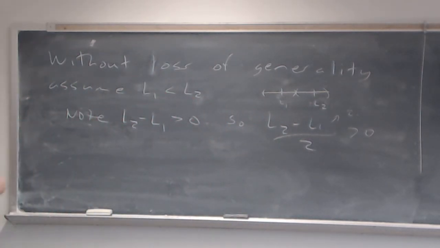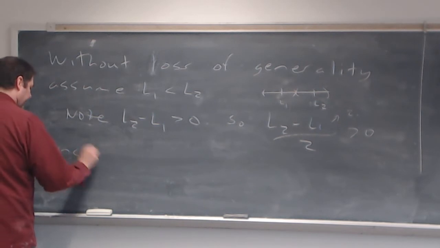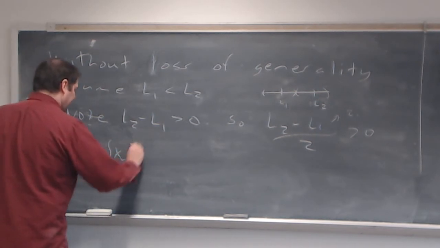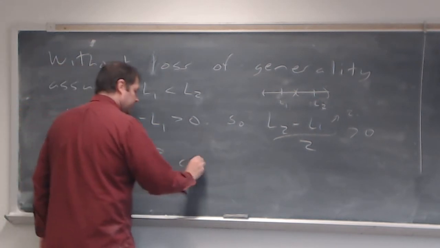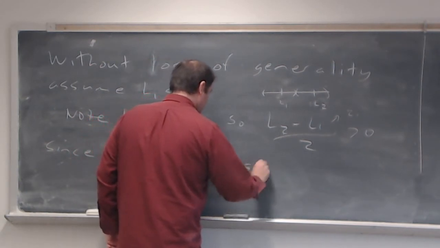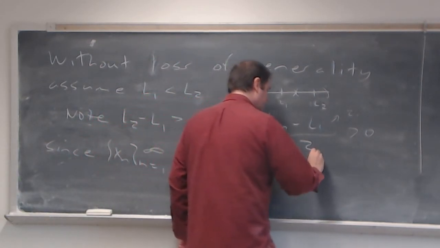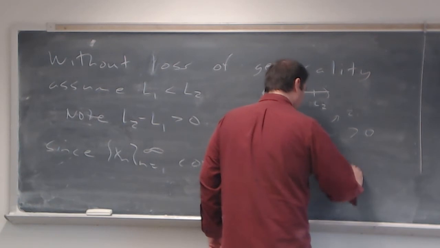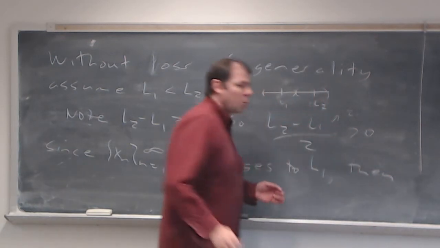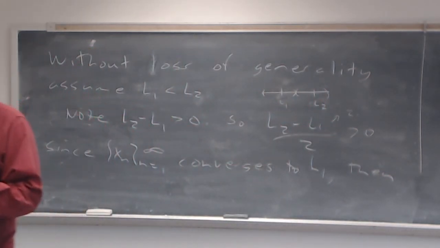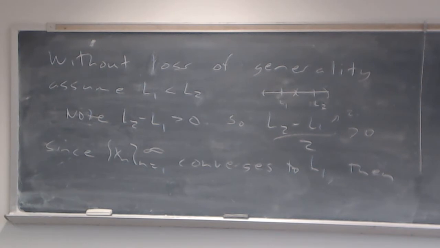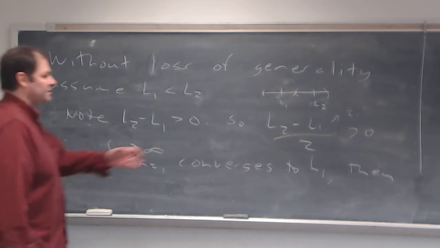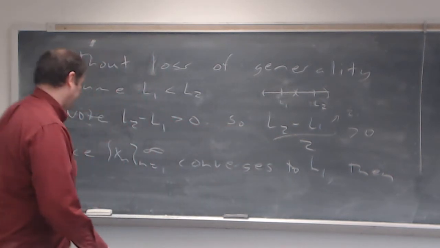So since the sequence x of n converges to, let's start off with L1, then what does that mean by definition? There's a spot in the sequence, K, such that from that spot on, all the terms of the sequence are within this distance of L1.